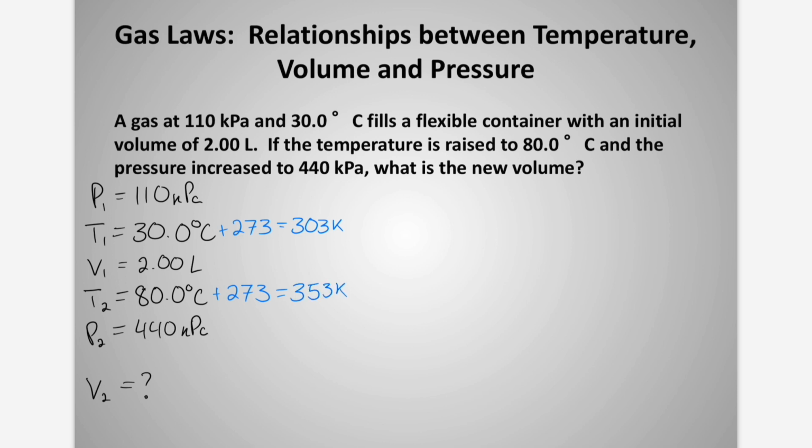My equation, so again, the combined gas law, pressure 1 times volume 1 divided by temperature 1 equals pressure 2 times volume 2 divided by temperature 2. So again, just like I did before, I'm going to rearrange the equation before I substitute and solve. But you could, just like always at this point, substitute and then start solving.